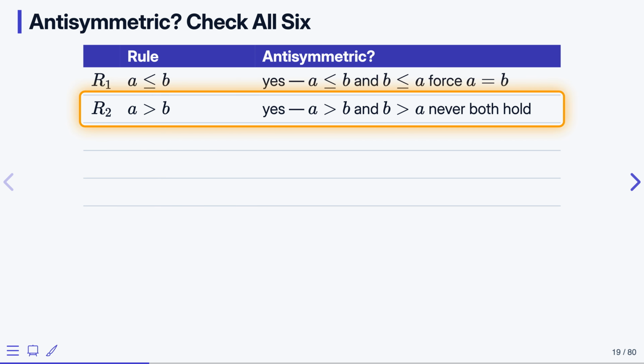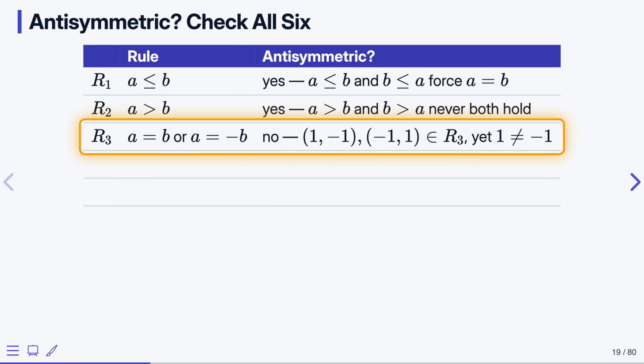So the rule is never broken, and R2 is antisymmetric. R3. Now a counterexample. The pair 1, minus 1 is in R3 because 1 equals minus 1. And the pair minus 1, 1 is also in R3, but 1 is not equal to minus 1. So R3 is not antisymmetric, and that pair of pairs is the witness.